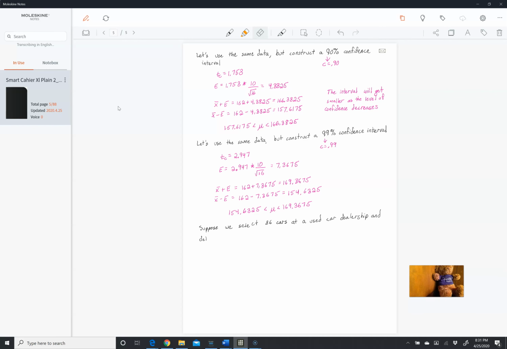And we determine the number of days that they've been sitting in the lot before being sold.